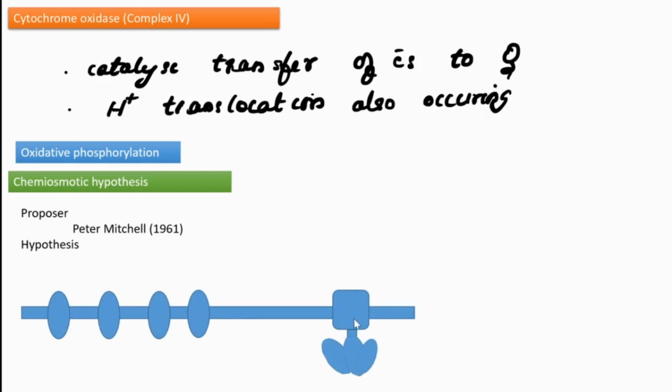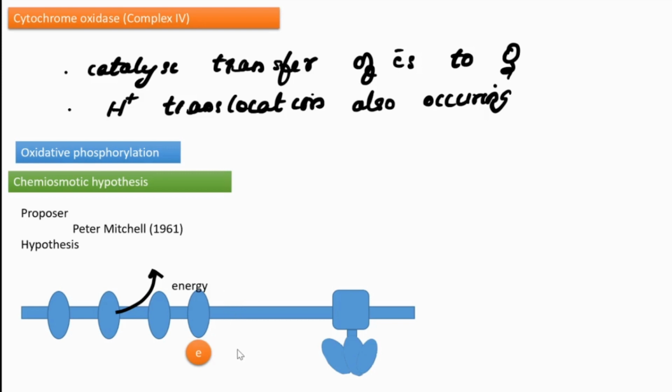And this is the ATP synthase. As the electrons pass through these electron carriers and finally are given to oxygen, one molecule of water is formed. Along with this, some energy is released in each step, and as a result a proton gradient has built up across the inner mitochondrial membrane.